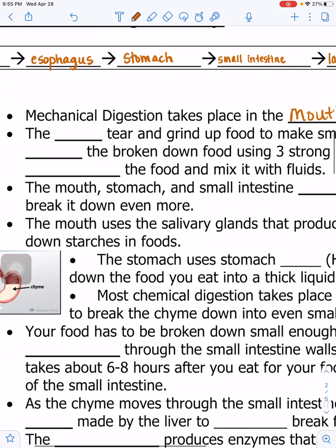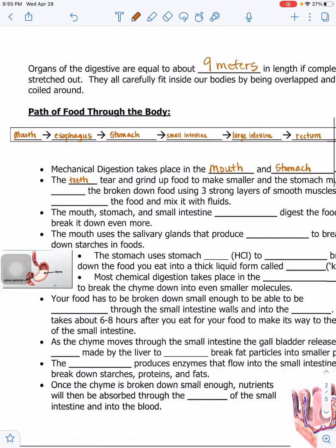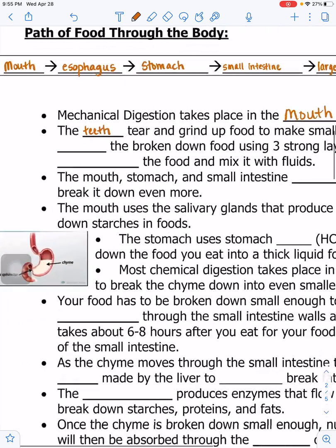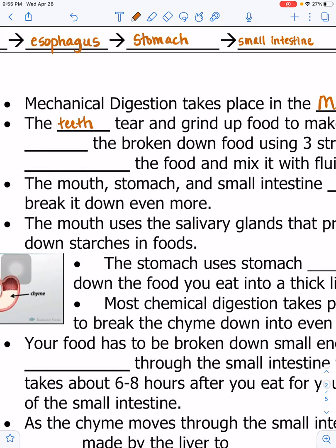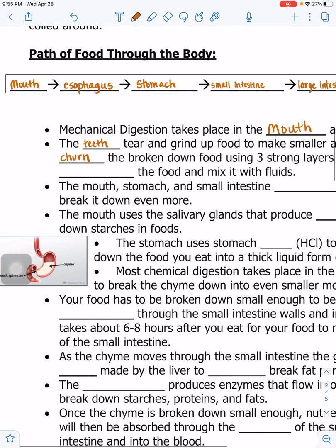So the teeth tear and grind up the food to make it smaller, and the stomach muscles, what they do mechanically to the food is they churn the food, C-H-U-R-N. They churn the broken food using 3 strong layers of smooth muscles to squeeze the food and mix it with fluids.